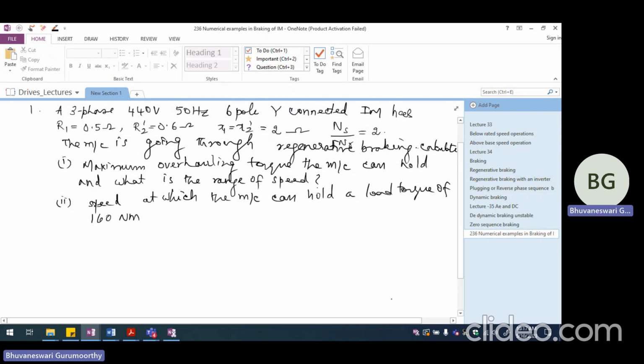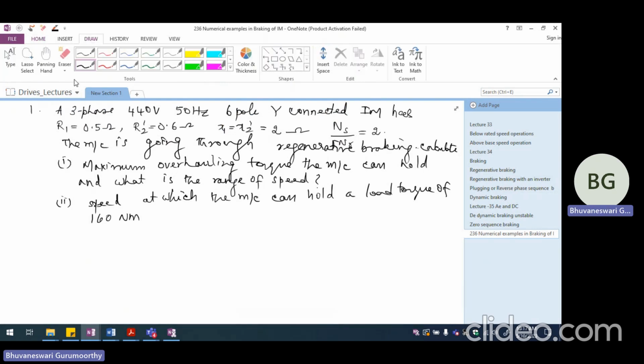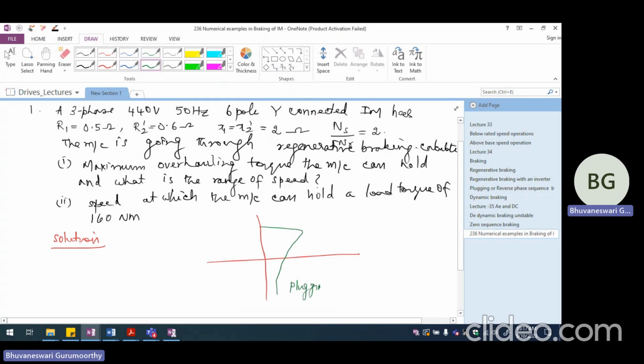So first of all, we should remember what is the kind of expression we had derived earlier in the lecture classes for induction motor operation. So if you may recall the induction motor characteristics, it is somewhat like this. So this region is plugging region.